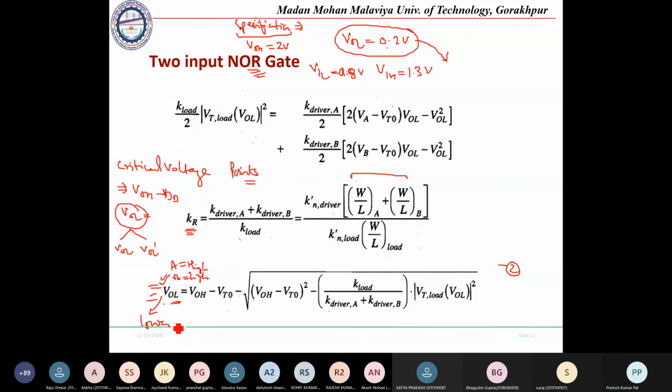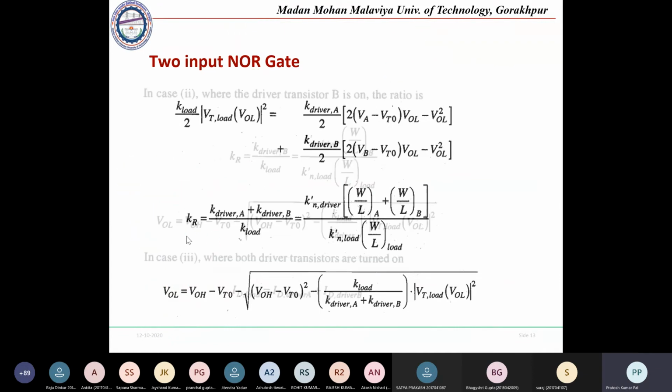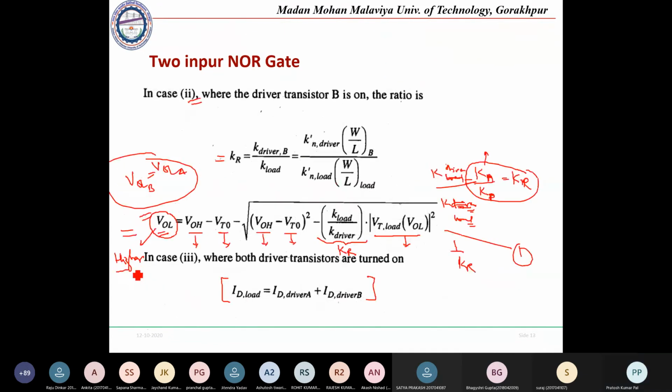So we should use the VOL equation that gives the higher value, because the VOL value should be minimum, but whatever minimum it is, all other output voltages should be less than this value.